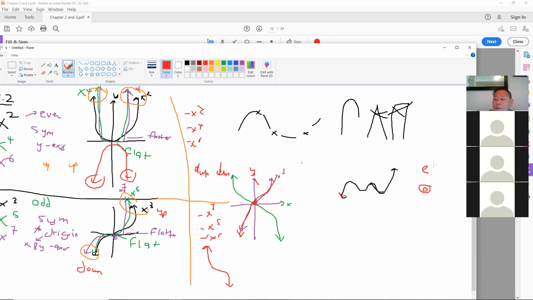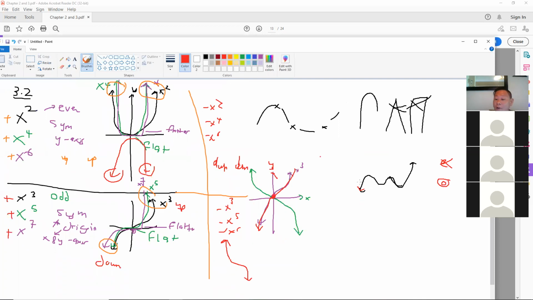And is the leading coefficient positive or negative? Since it goes down on the left and up on the right, your leading coefficient is positive.